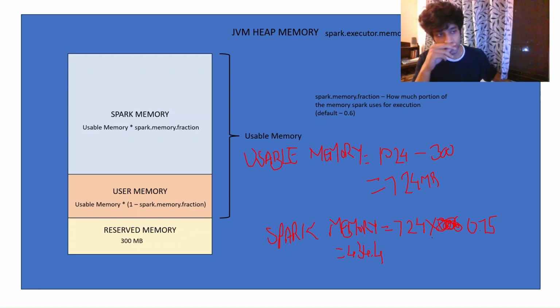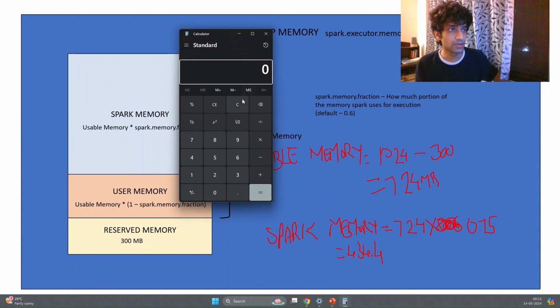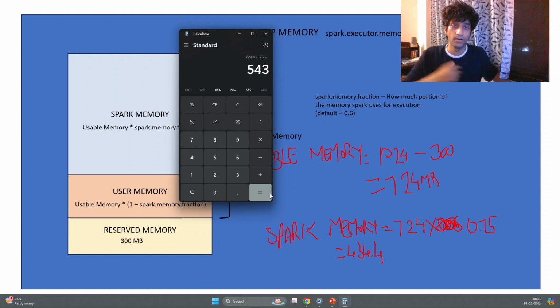So how much Spark memory do we actually get? So let's open the calculator again. So this would be 724 into 0.75, which is 543.